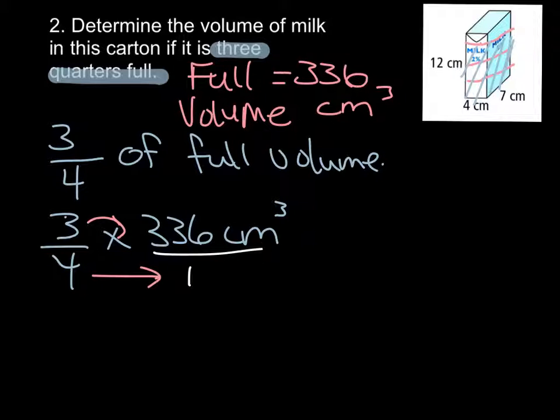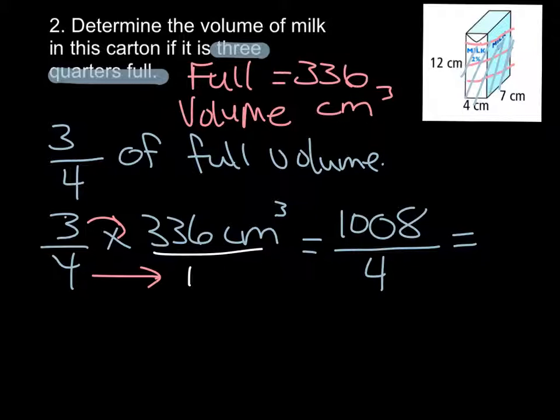Okay, so 3 times 336, I just got my calculator out, and that equals 1008. And we're going to divide that by 4 times 1. So 4 times 1 is 4.